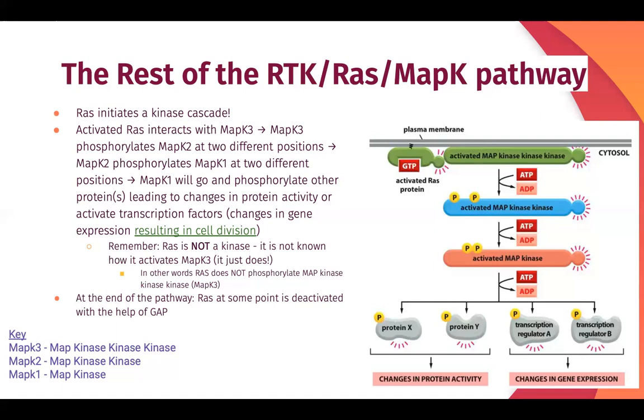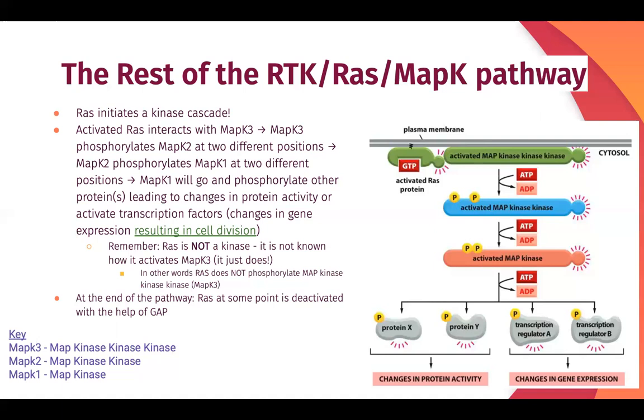I just want to clarify, so at the end of this pathway, MAP kinase can phosphorylate proteins to either turn them on and off, or it can phosphorylate transcription regulators. Well, it kind of phosphorylates all of them.